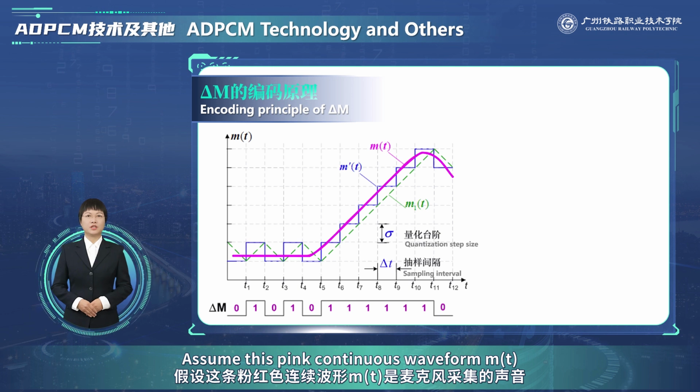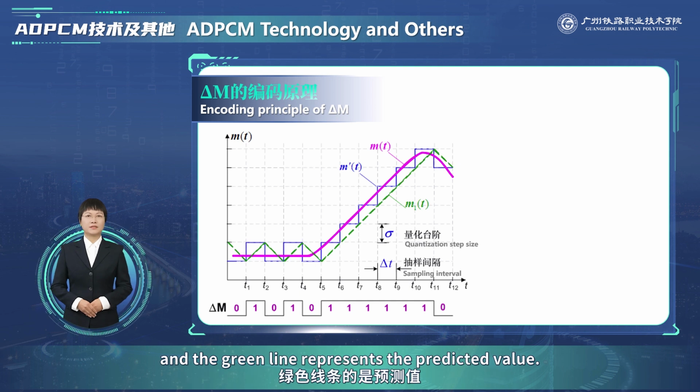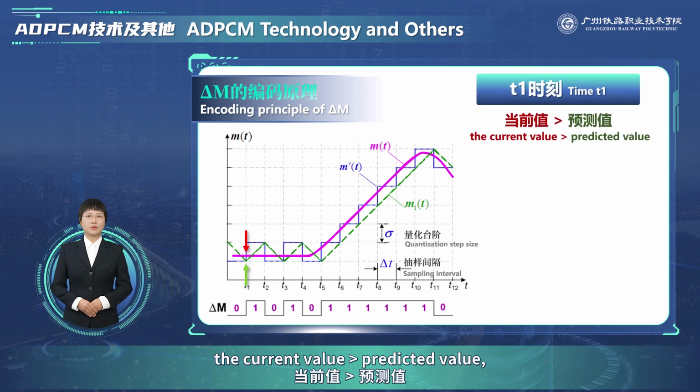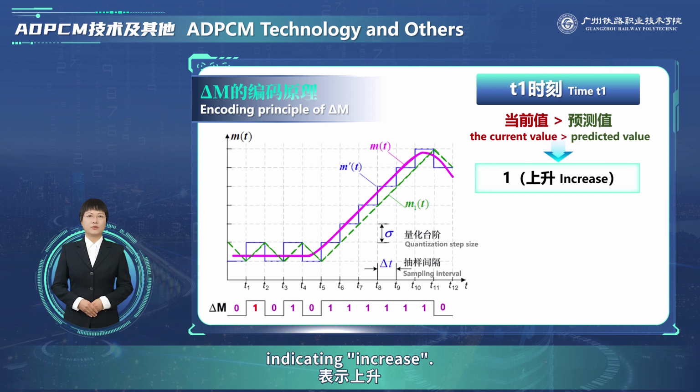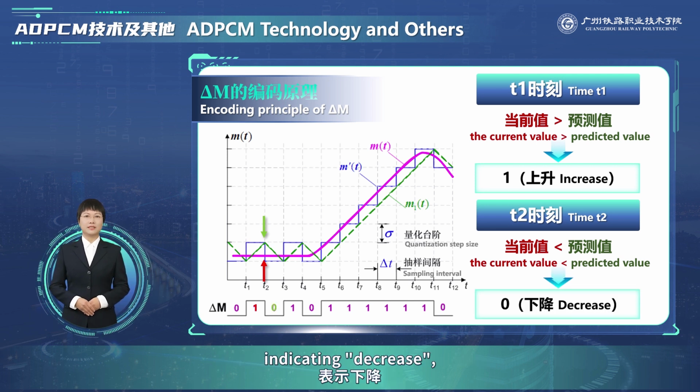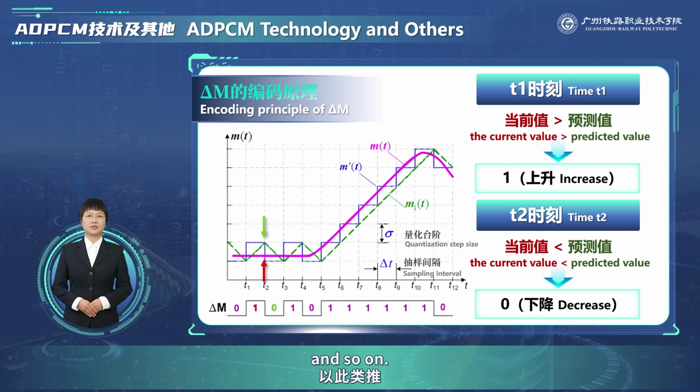Assume this pink continuous waveform m(t) is the sound collected by the microphone, and the green line represents the predicted value. At time t1, the current value is greater than the predicted value, output 1 indicating increase. At time t2, the current value is less than the predicted value, output 0 indicating decrease, and so on.